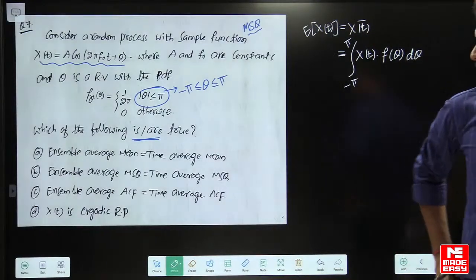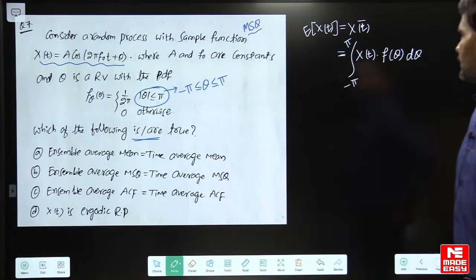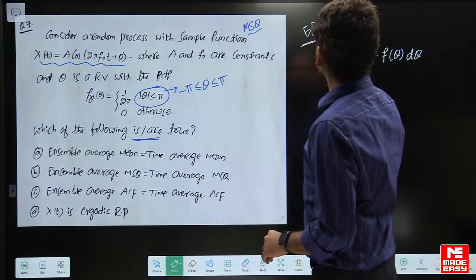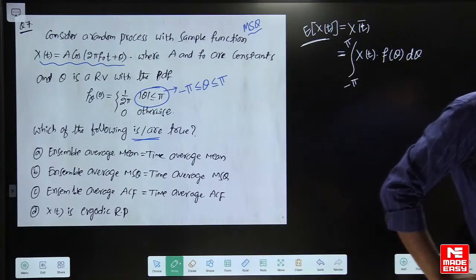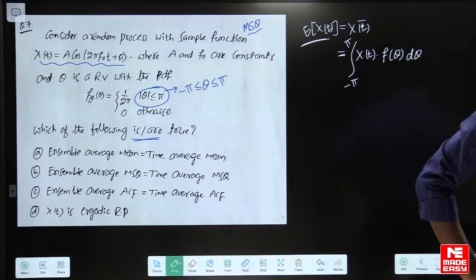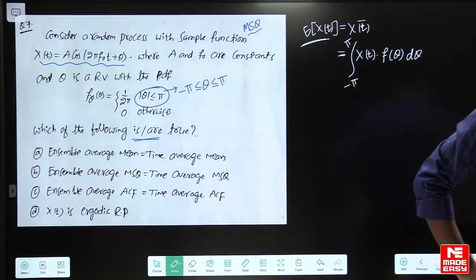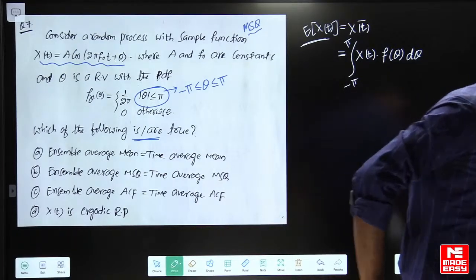Tell me, what is the ensemble mean you are getting? This is the ensemble mean I am finding. Post your answers in the chat box.